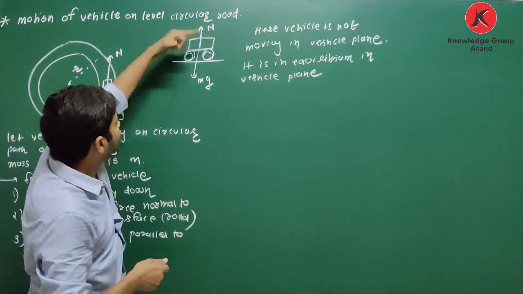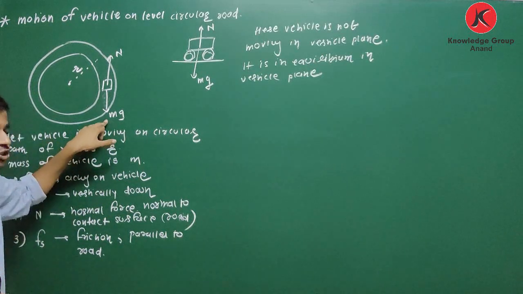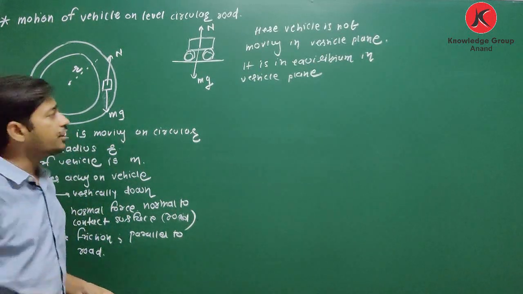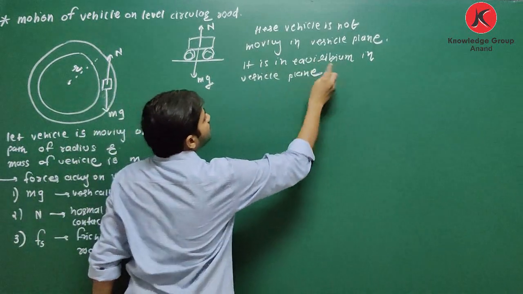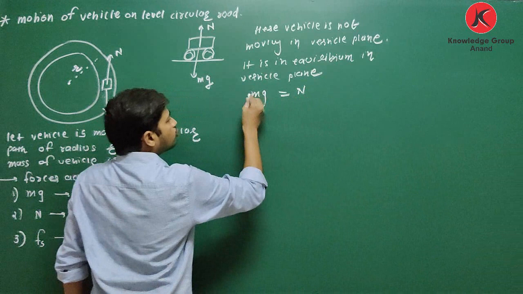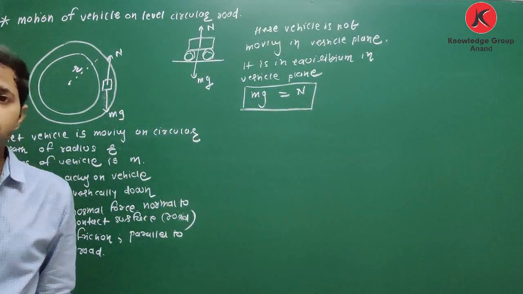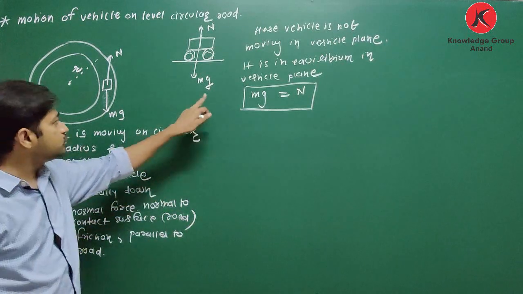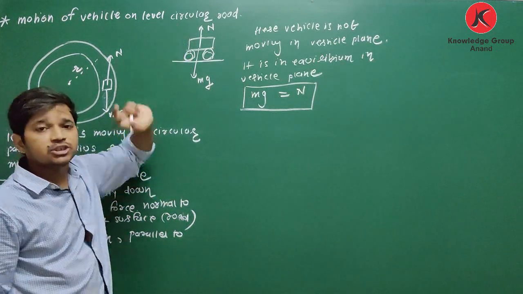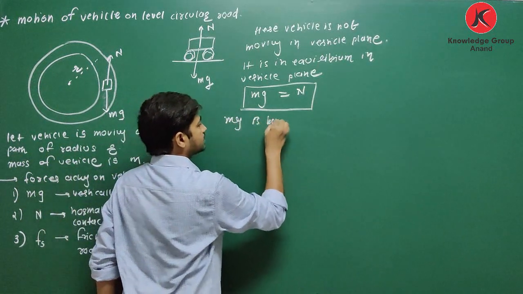So in the vertical direction, which two forces are acting? mg, always in downward direction, and normal reaction in upward direction. So we can say it is in equilibrium, meaning force acting downward is equal to force acting upward. So mg is equal to N. Or we can say mg is balanced by this normal force.